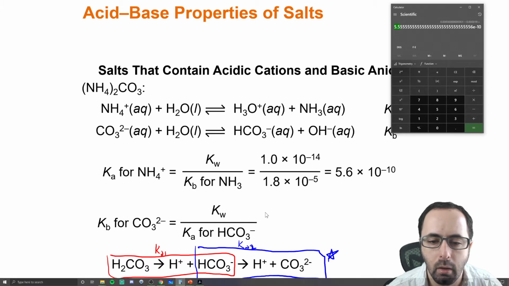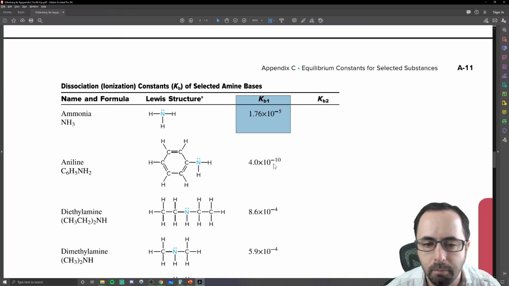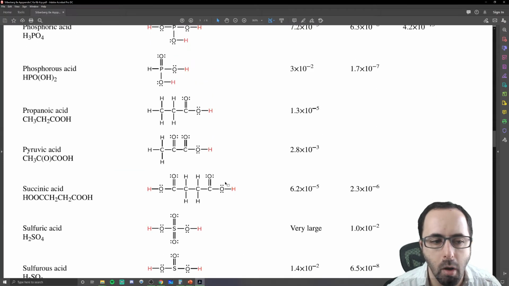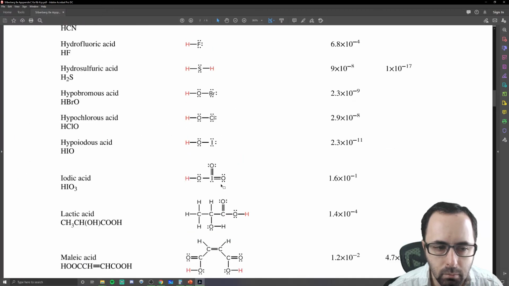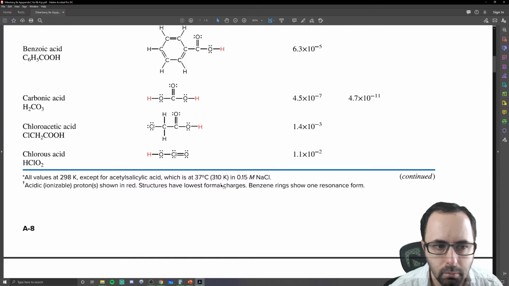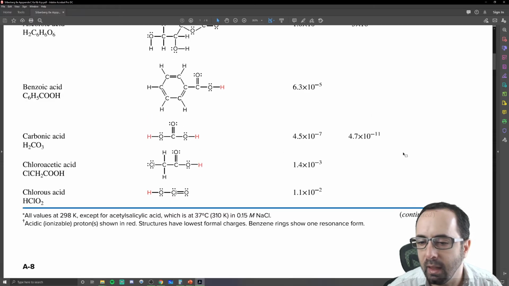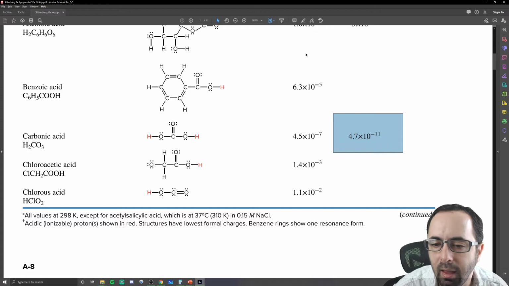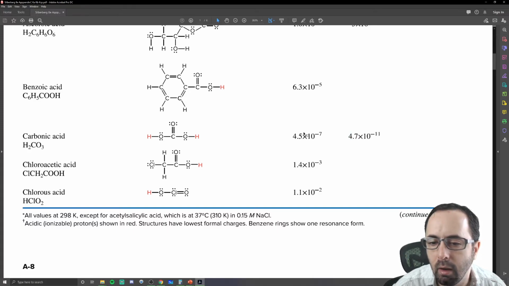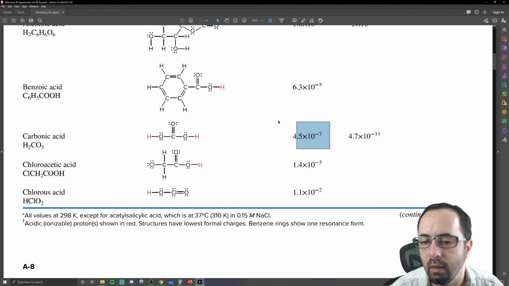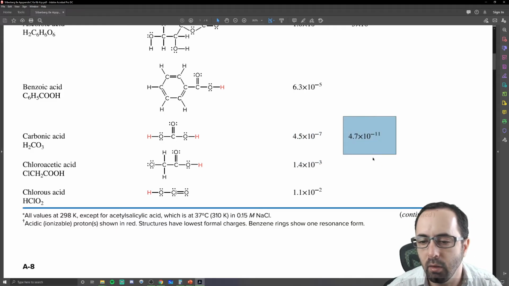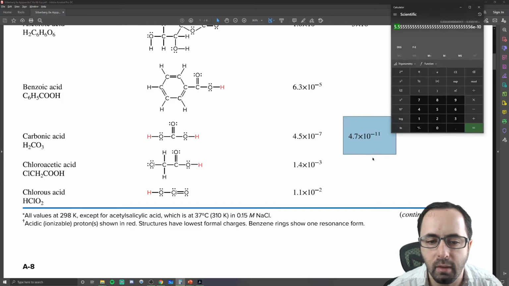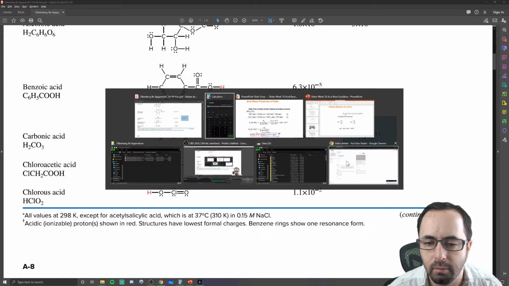So we go to the appendix here, and we look for carbonic acid right here, and we want the Ka2. So this is the Ka for carbonic acid right here, and this is the Ka for the bicarbonate ion. And so we want this one, 4.7 times 10 to the minus 11. So we're going to plug that in now.